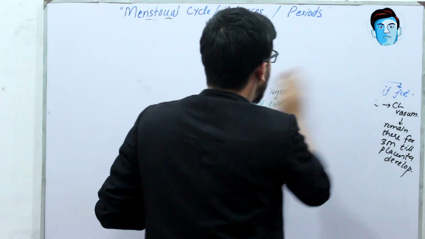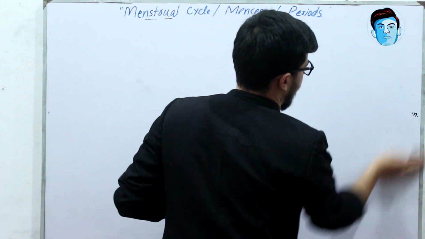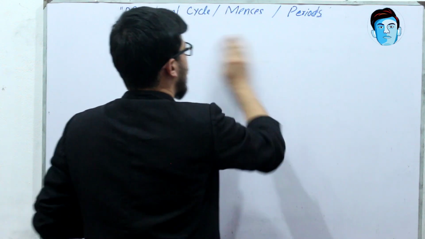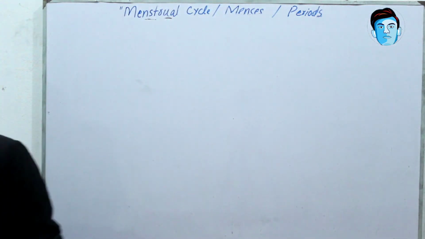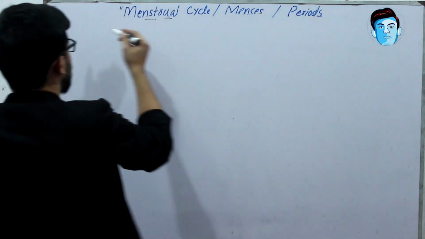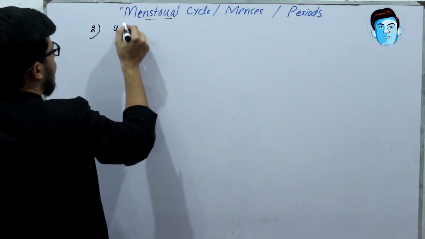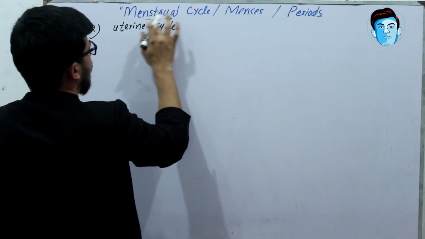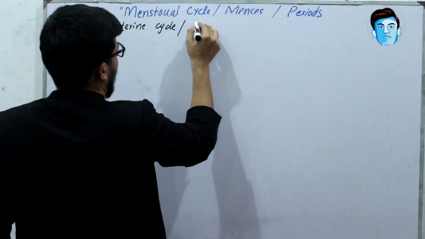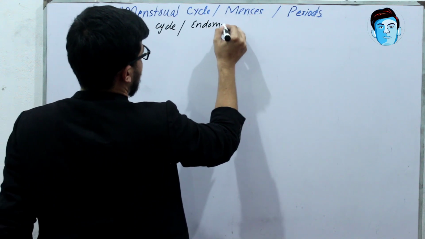Cycle and the luteal phase of the ovarian cycle. Now let's start with the another cycle, the uterine cycle, which is also called endometrial cycle.